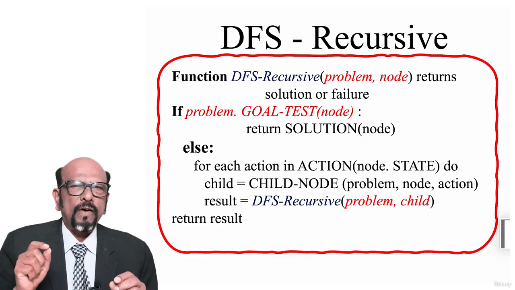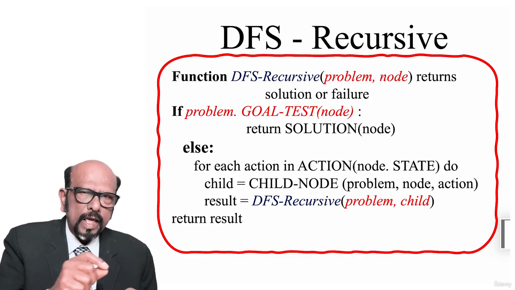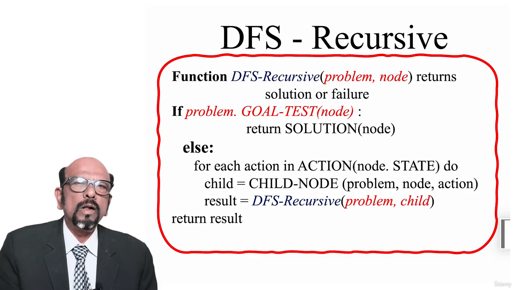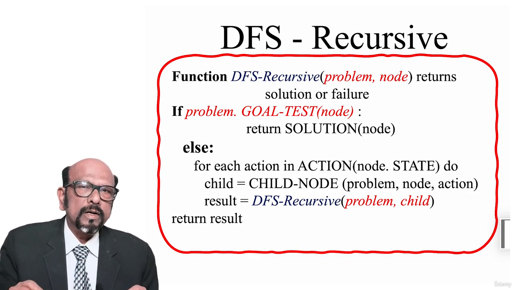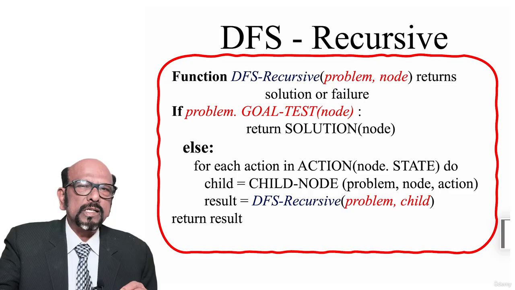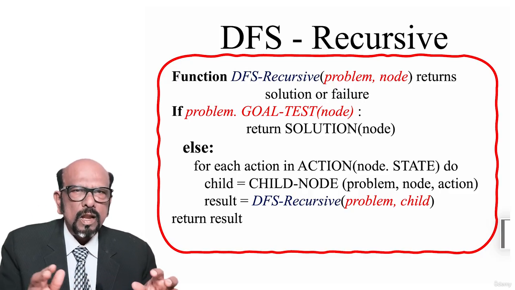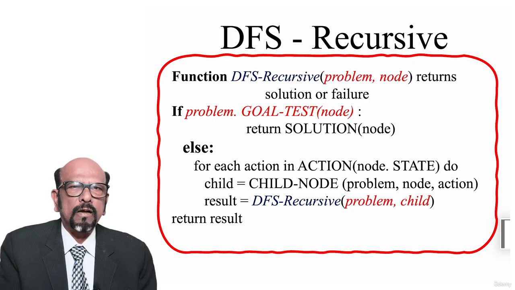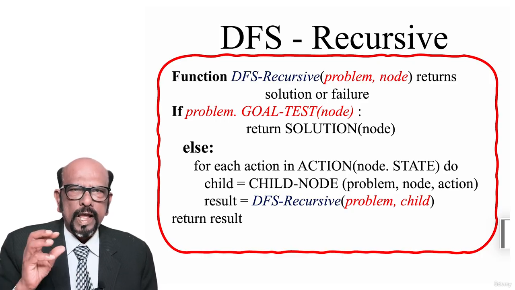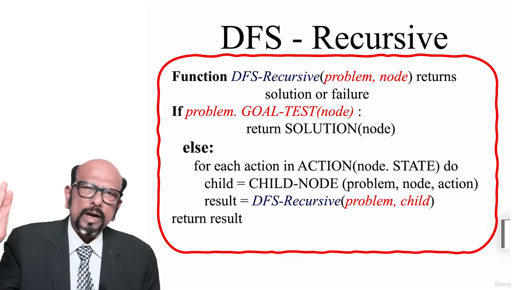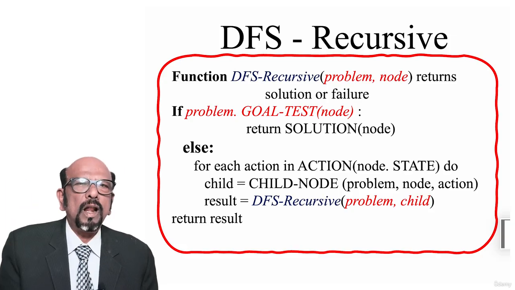Find out what are all the neighbors of that node. For each of the neighbors, do a depth first search and then come back. So, if there are 3 nodes which are neighbors of the initial node, you take the first node and do the depth first search and go till the end.